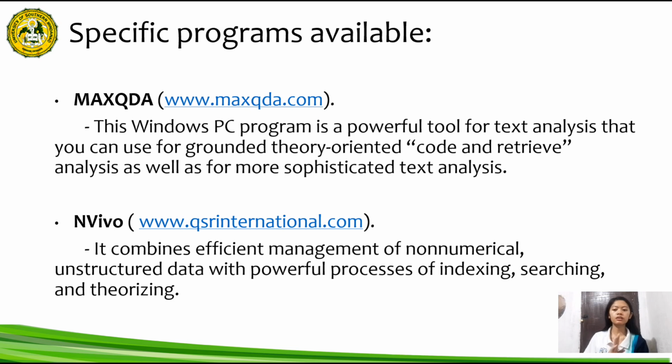A unique feature is that you can weight the codes to give a measure of the significance of a piece of coding. You can easily copy, merge, split, or delete codes. Data matrices can be imported and exported between SPSS, SAS, and other statistical packages. So it also has a mixed methods, quantitative and qualitative, application.